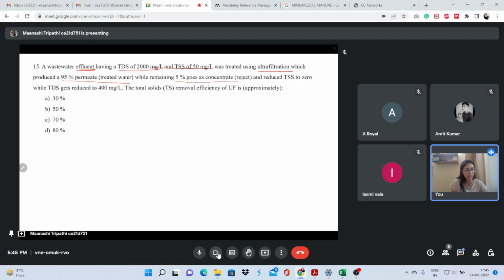Same question like last time. The TSS is reduced to 0 and TDS is reduced to 400 milligrams per liter. So the total solids removal efficiency is, this is a very interesting question. You try to solve this question and we'll see the solution.